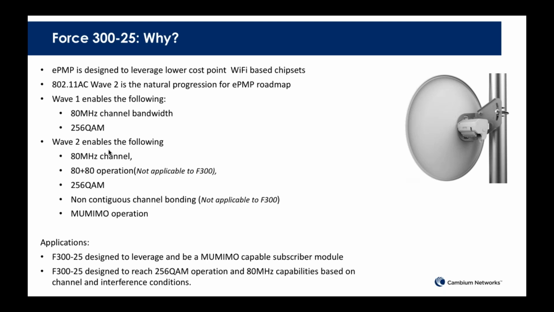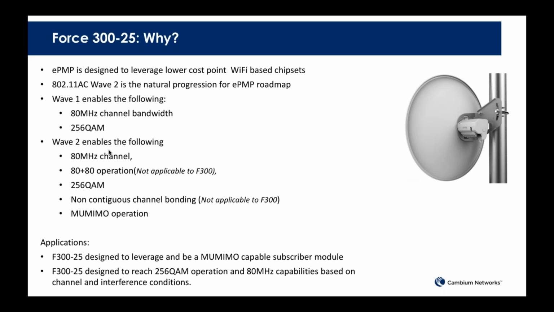With ePMP Force 300-25, we're using a Wave 2 chipset. So what does Wave 2 give us in general? It has the same 80 MHz channel support and higher order modulations. It also adds 80 plus 80 operation, which is not applicable for Force 300s.